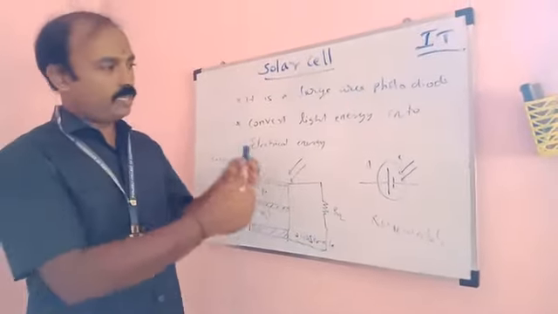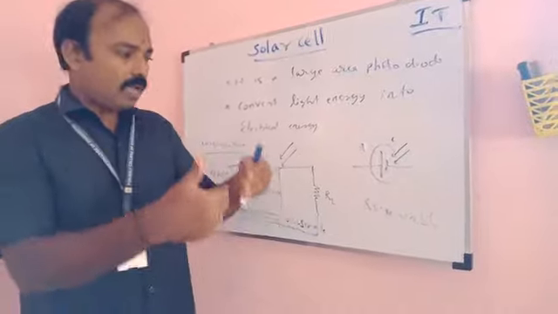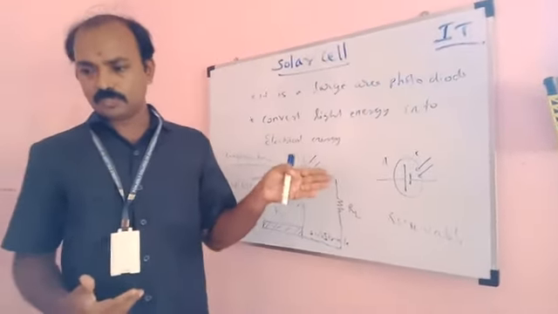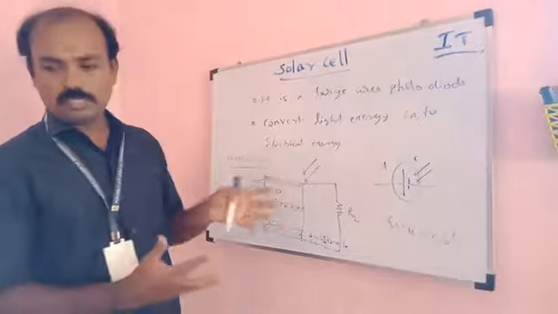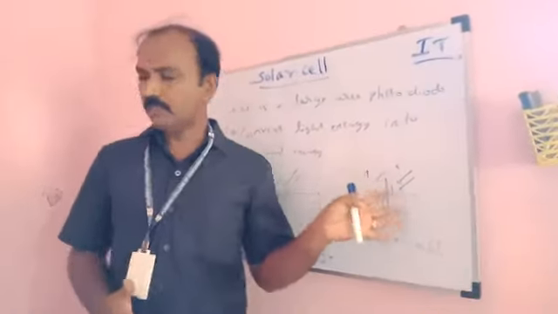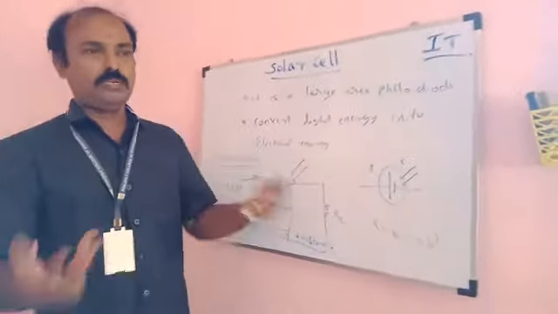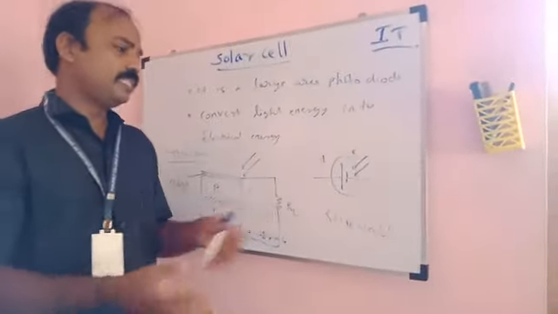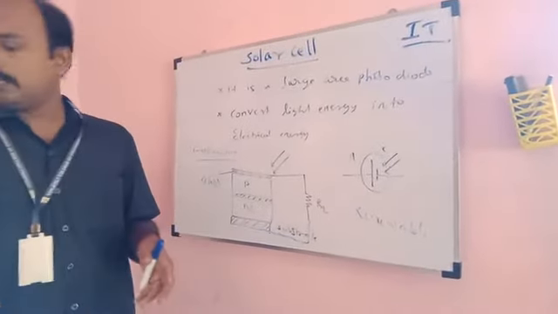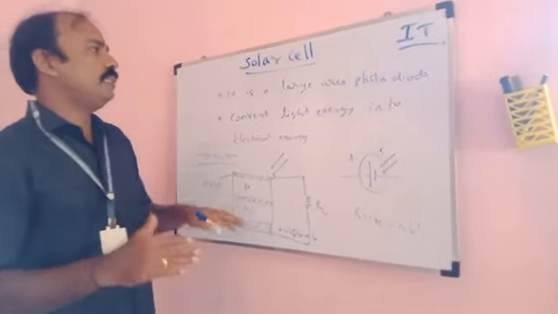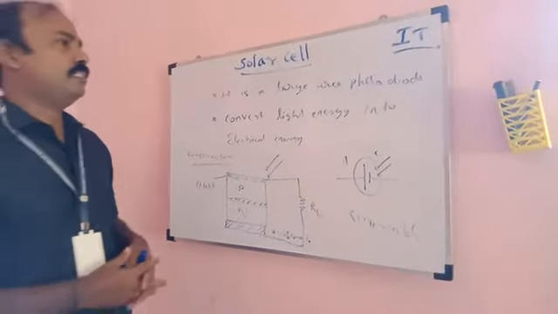So that is why it also has some disadvantages. And also it needs more space compared to other devices. A photocell is a very small device. Compared to a photocell, a solar cell needs more space.